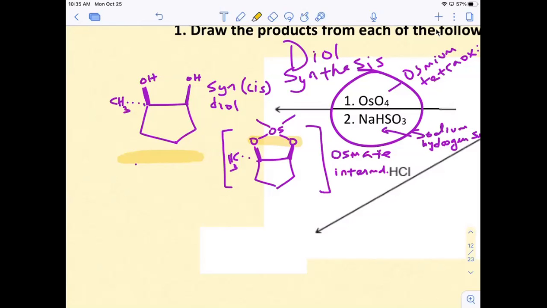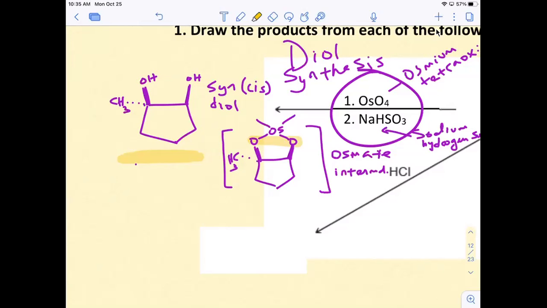Questions about that? So anytime you see an alkene in the presence of osmium tetroxide and then sodium hydrogen sulfide, you're going to get a diol, right? And just to be 100% candid, the two alcohols can be up or back. It doesn't matter, because there's nothing to favor one over the other. Not here anyway.